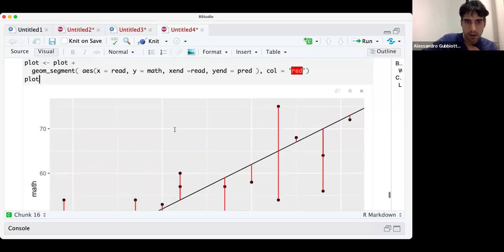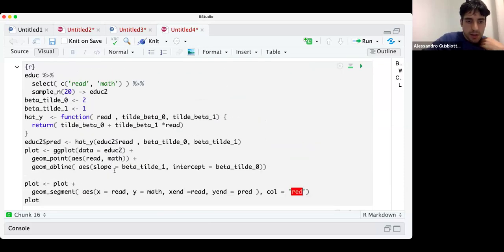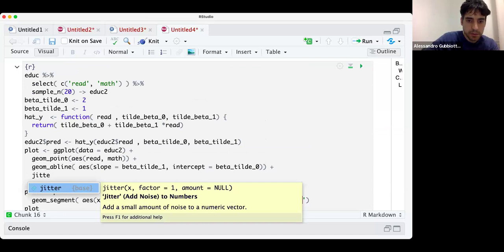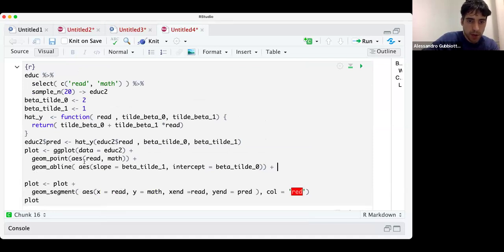And so let me add some jitter maybe, because it's nice. I don't remember, but probably I have to add it here. y equal to jitter.